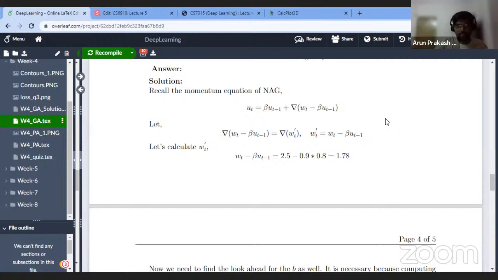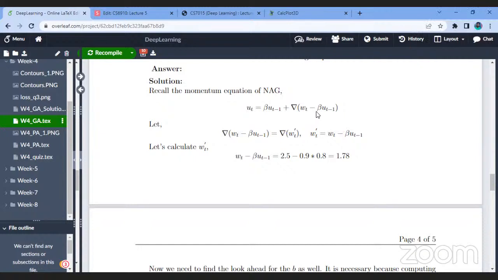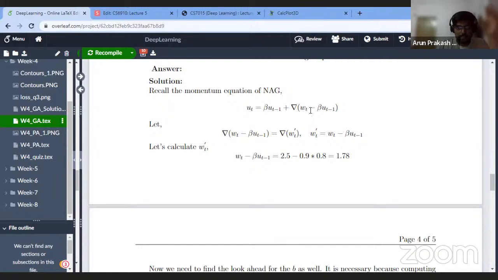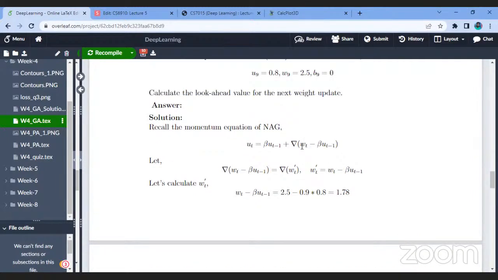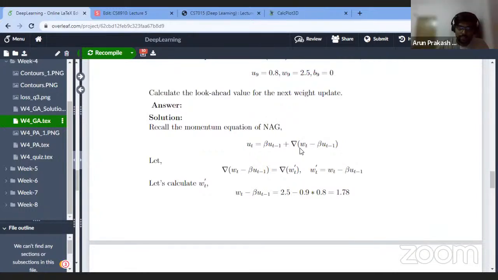Unfortunately, I'm not able to write on this slide. So now I have to compute this: w_t minus beta u_(t-1). That is what we call the look ahead, right? Computing the gradient at the look ahead is different from computing the look ahead.